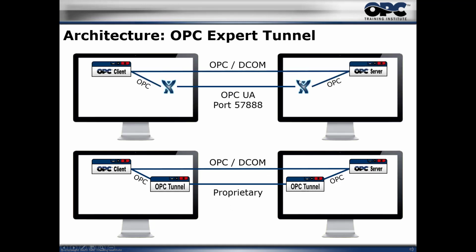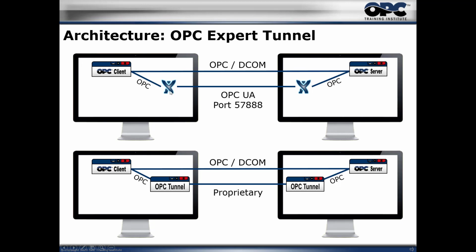Well, we'll take a look at one particular tunnel here done by OPC Expert that does not use anything proprietary, uses standards only. So the idea is, just like the regular tunnel or the old tunnels, it's OPC in, OPC out, OPC in this way, OPC out this way. In the middle is OPC UA over a single port. In this case, the port is 57888, just one port.